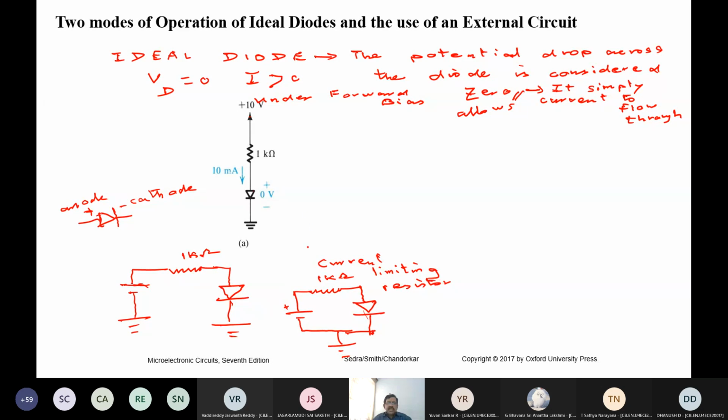Now, what will be the current flowing through? Because when the diode conducts, as I told you, we are considering an ideal diode, which means there is no voltage drop across it, and the equivalent circuit will simply be like this.